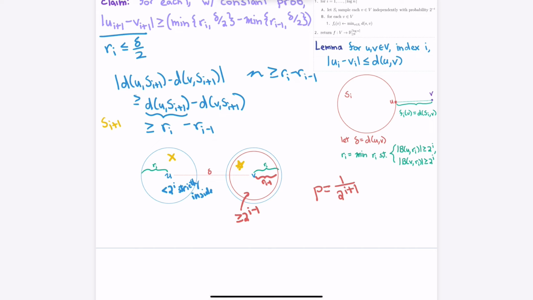Sampling from inside of this, we need both of these. So making sure you don't hit the U ball guarantees that the coordinate is at least Ri.